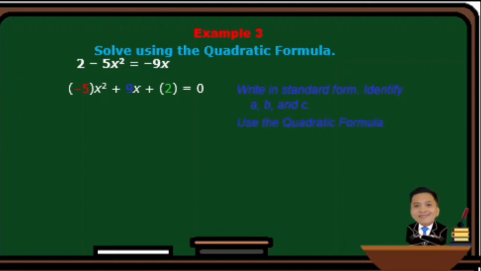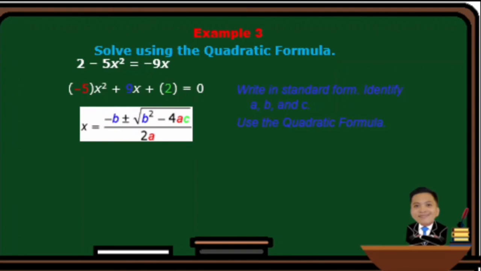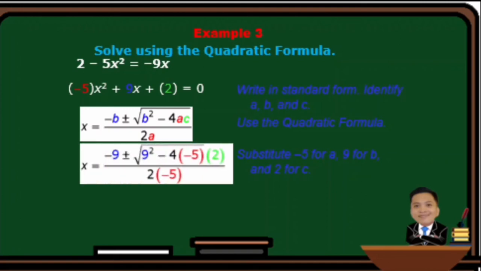Use the quadratic formula. Substitute negative 5 for a, 9 for b, and 2 for c. And we will get x is equal to negative 9 plus or minus square root of 9 squared minus 4 times negative 5 times 2 all over 2 times negative 5.